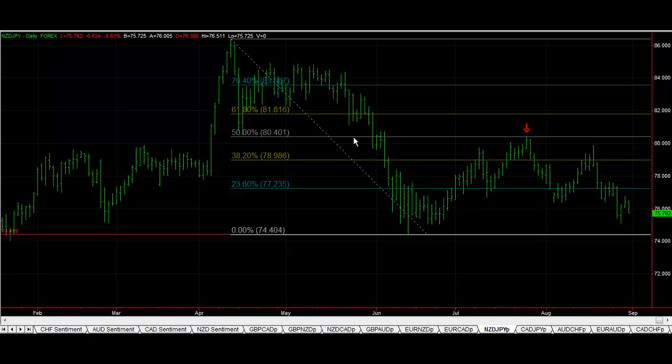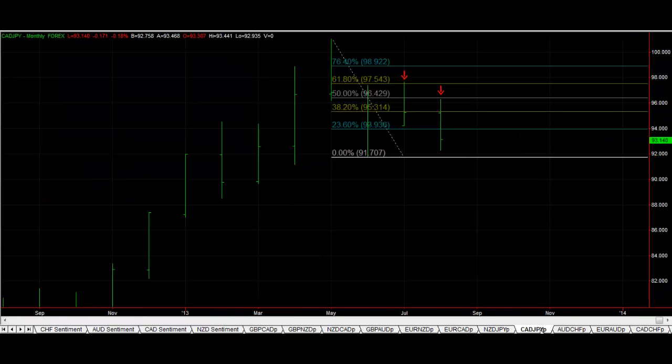Using our Fibonacci analysis and extension, we would have expected that the cross rate could test this 74.40 level, which just happens to be coincident with a move and a relative low from June of this year.